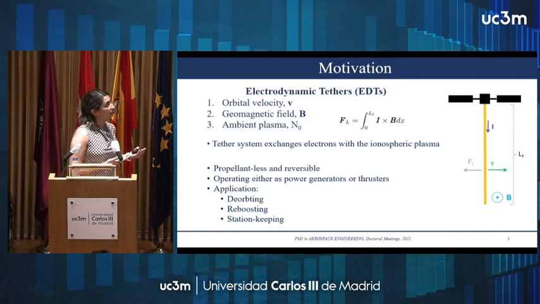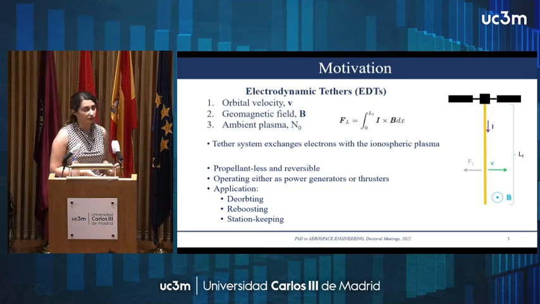EDTs are innovative and promising technologies, and they have some advantages, like being propellantless and reversible. They are able to operate as power generators in passive mode, and if we assign an onboard power, they can also operate as thrusters. So they have applications like deorbiting, reboosting, or station keeping missions.